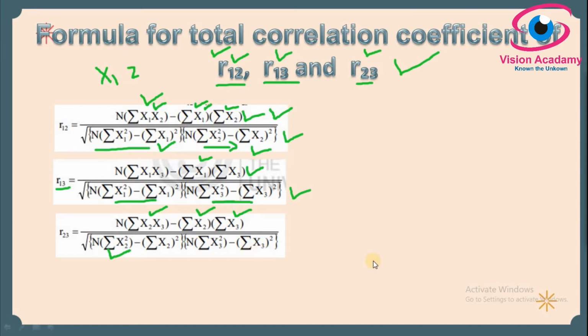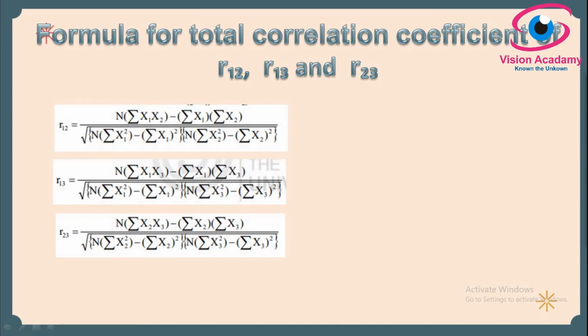So basically these pieces of information are necessary to apply the total correlation coefficients R12, R13 and R23. So we have finished explaining the formula.